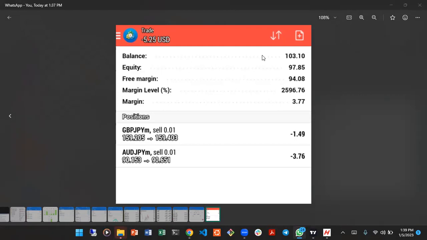Now, this is the balance, equity, free margin, margin level, and margin.